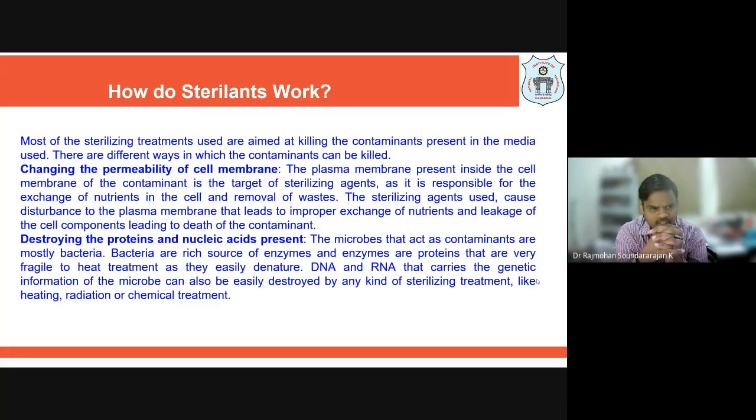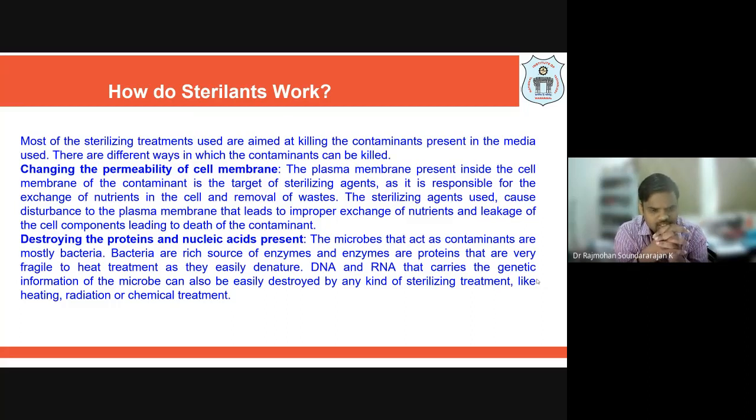Once that is done, the exchange of nutrients in the cell and removal of waste is disturbed. The sterilizing agents will cause disturbance to the plasma membrane, which will lead to improper exchange of nutrients and leakage of the cell components, which will ultimately lead to the death of the contaminant.